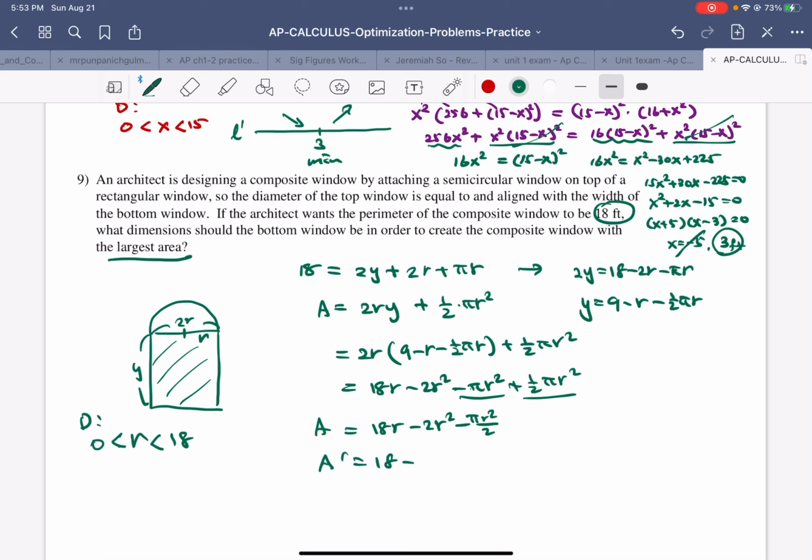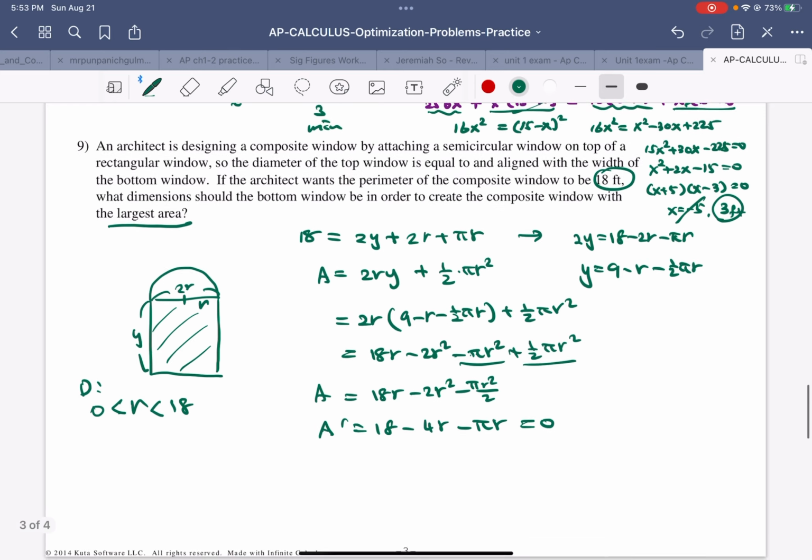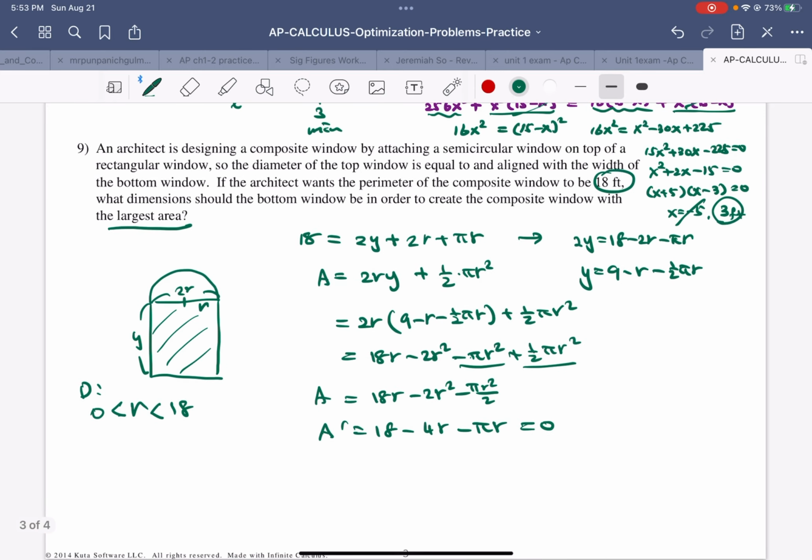That's 18 minus 4r minus pi r. Okay, you set it equal to 0 to find the critical value. So here, 18 equals r times, you factor out, 4 plus pi. So from here, r is 18 over 4 plus pi. Okay, that's the dimension of r.